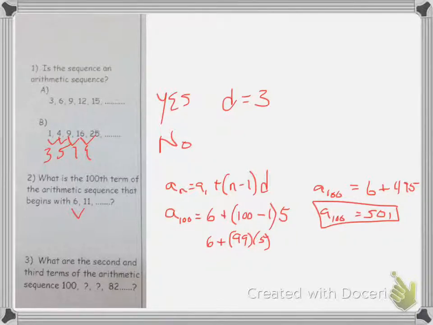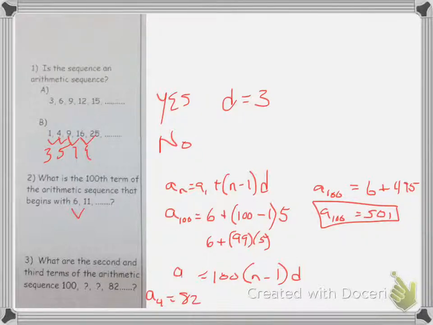What are the second and third terms of the arithmetic sequence here? Well, I know the first term is 100. The fourth term is 82. So I'm going to use the information I know. I know the first term is 100. I don't know the common difference. But what else I know is that A sub 4 is equal to 82.